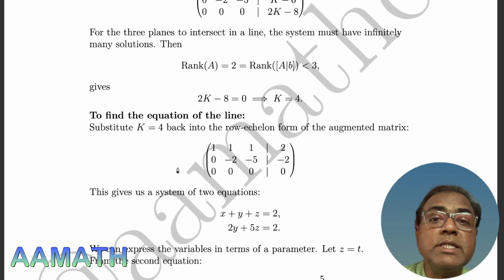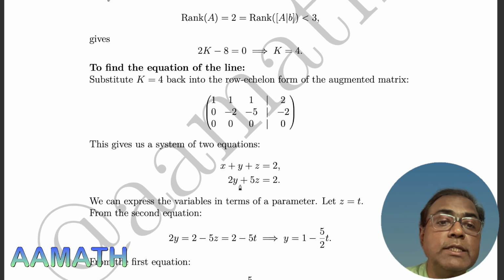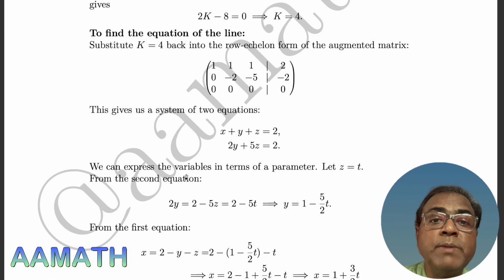And so the system reduces to x plus y plus z equal to 2, and minus 2y minus 5z equal to minus 2, and the minus cancels from both sides. Now we can express these variables in terms of a parameter. Let z equal t.